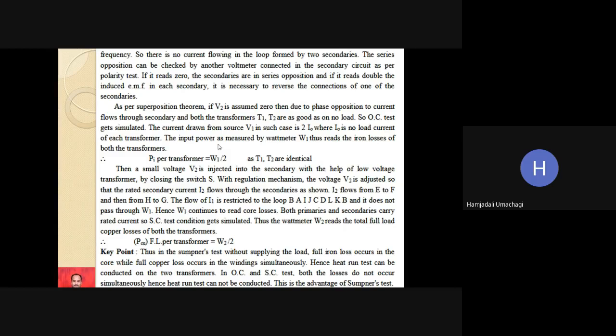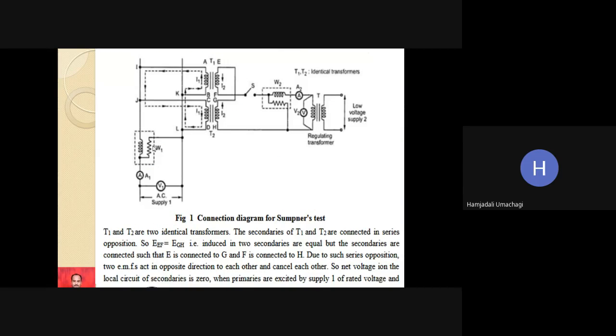Then the input power as measured by W1 thus reads the iron loss of both the transformers. Pi means iron loss. Iron loss per transformer is equal to W1 by 2, as T1 and T2 are identical. So if I want to know the iron loss of T1 and the iron loss of T2, since both are of similar kVA rating, then make it half.